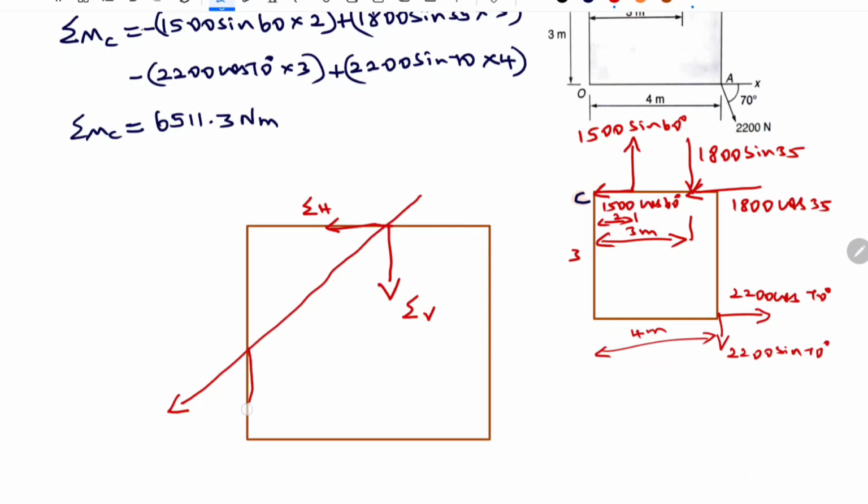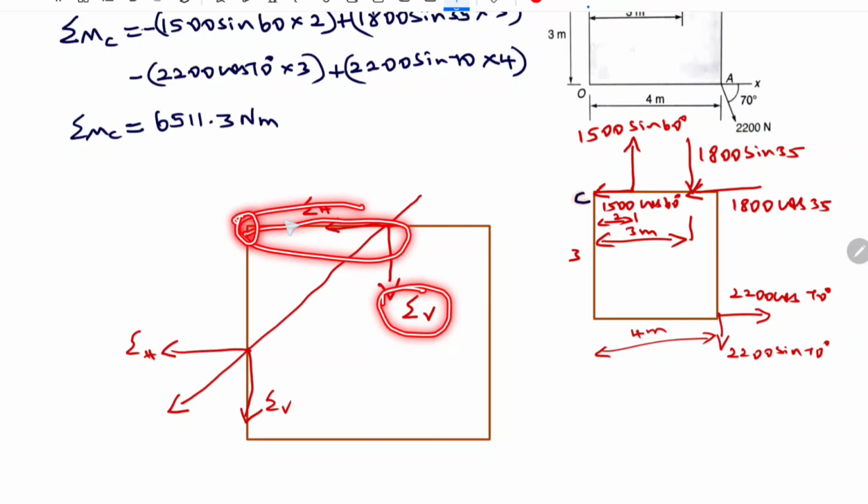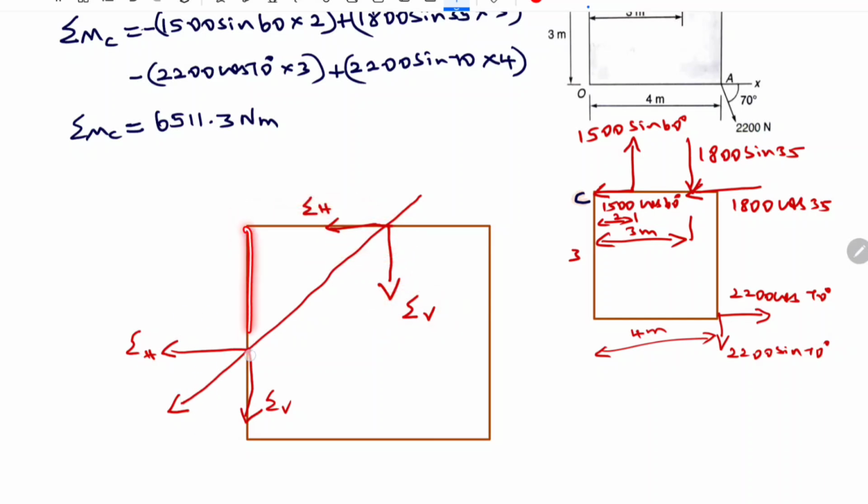Similarly, I can also draw summation of vertical forces here and summation of horizontal forces here. The reason for drawing two is I am considering both the two edges, because if I consider the top edge, I can get the distance between sigma V and the point, and if I consider the vertical edge, I can find out the distance between sigma H and the point C.